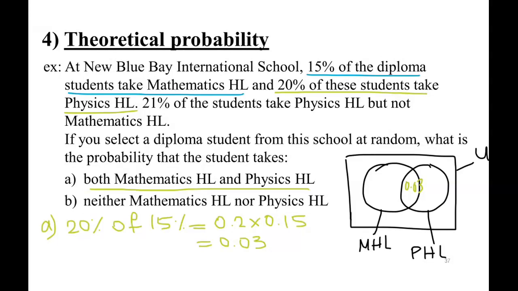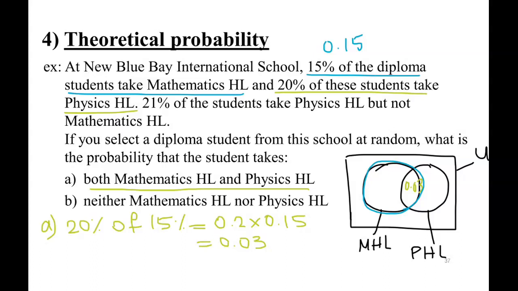Now, if we fill in the rest of the Venn diagram, if we go back to what I underlined in blue there, they said 15% take Math HL, so that's a probability of 0.15. The probability of 0.15 is basically the probability of all the students taking Math HL, including those taking Physics simultaneously.